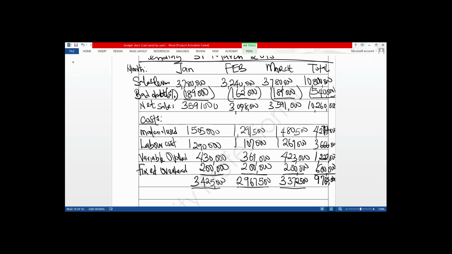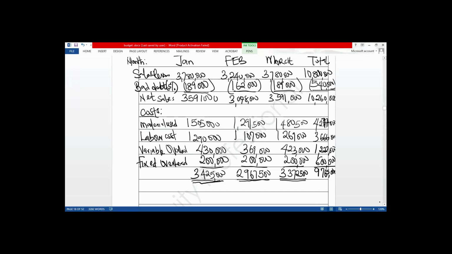But that is not the cost of goods sold. That is the cost of goods manufactured. Let me explain that again. For the 3-month period, the cost of manufacture is 9,765,000.